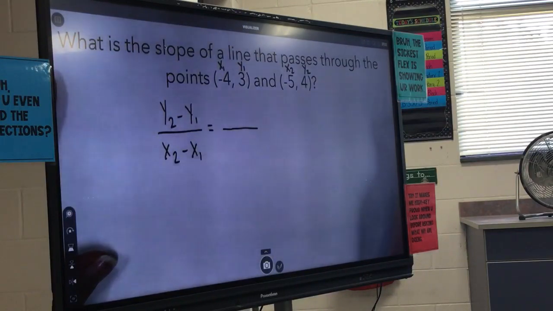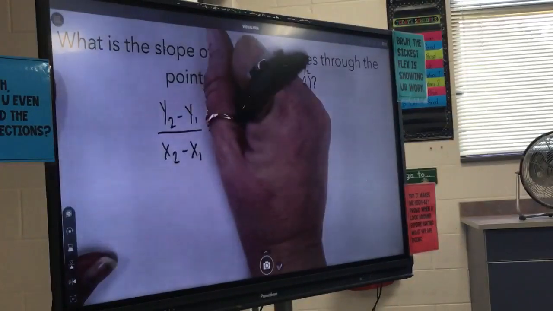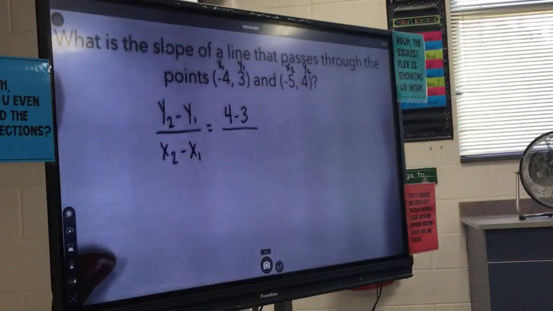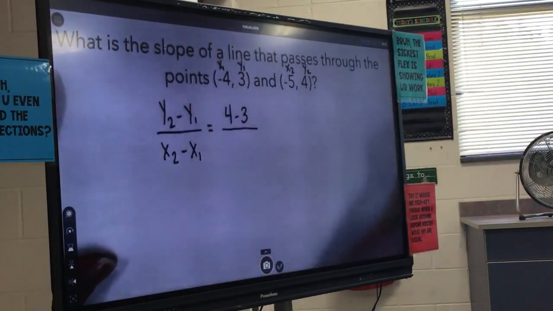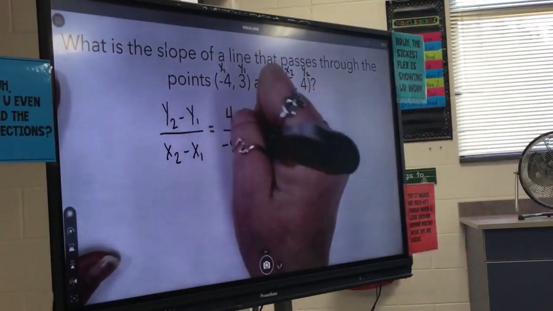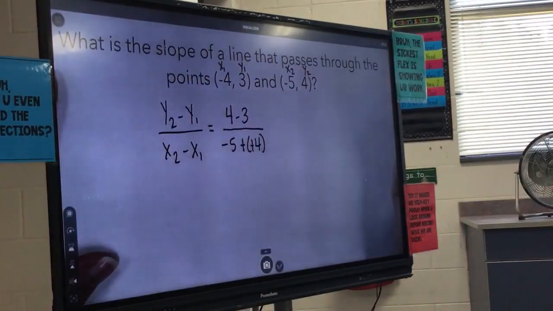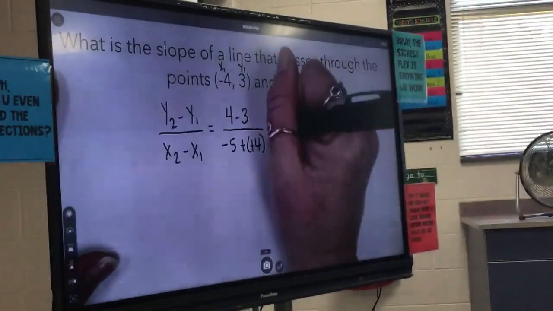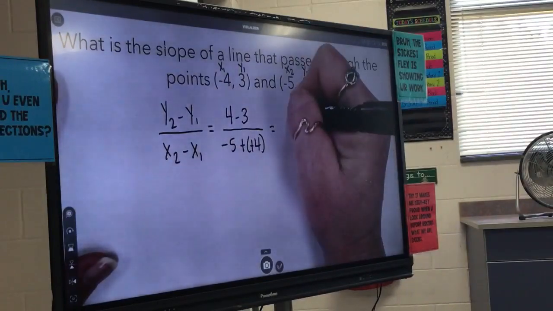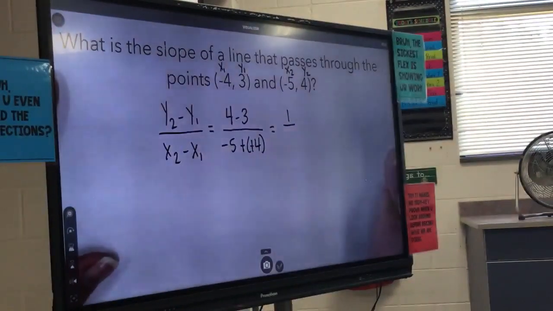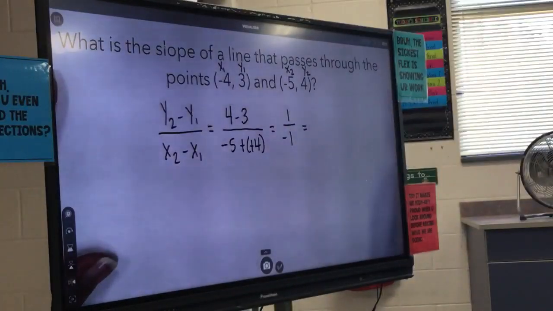Give me the order that they need to go. 4 and 3. Okay, so 4 minus 3. And what two numbers are going on the bottom? Neve. -5 minus -4. Okay, and we know we're going to do keep, change with that one. So what is 4 minus 3? 1. And what is -5 plus 4? -1. So this becomes what? This becomes a -1.